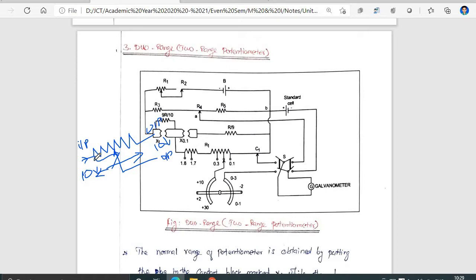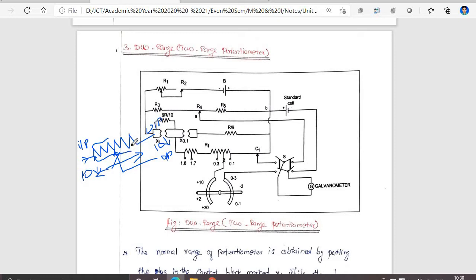Because minimum resistance only is added, minimum voltage drop occurs here. So you can adjust the sliding contact to get the variable voltage at the output side.